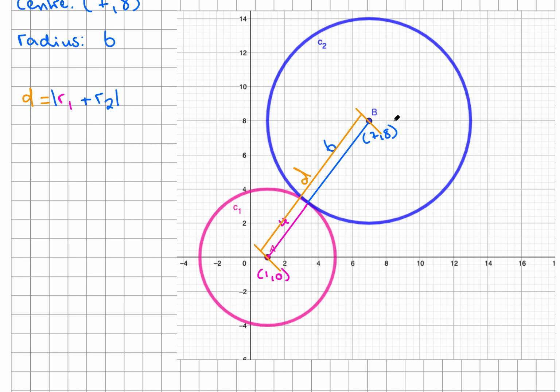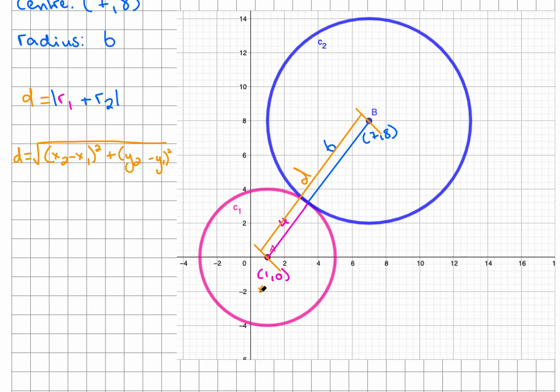How would I find the distance between the two centres? It's the distance between two points, given by the formula: the square root of x2 minus x1 squared plus y2 minus y1 squared.